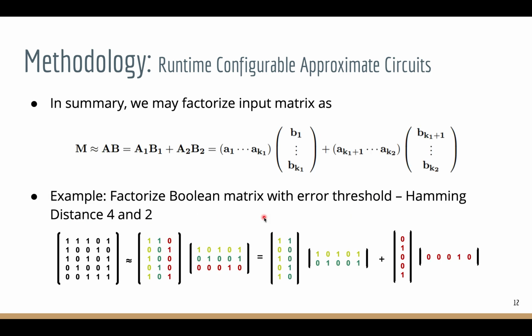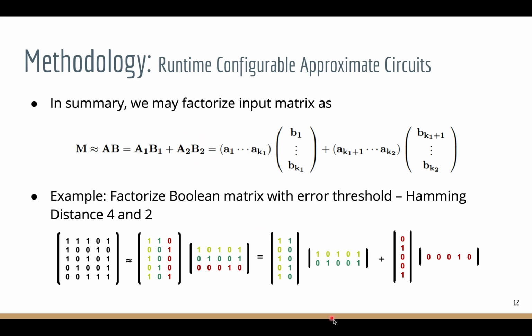In summary, if we factorize the input matrix in this way, we may incorporate multiple accuracy levels within one factorization. Or in other words, we may think of such multiple level factorization as a separation of the original factorized matrices, capital A, capital B, into capital A1, capital B1, and capital A2, capital B2.